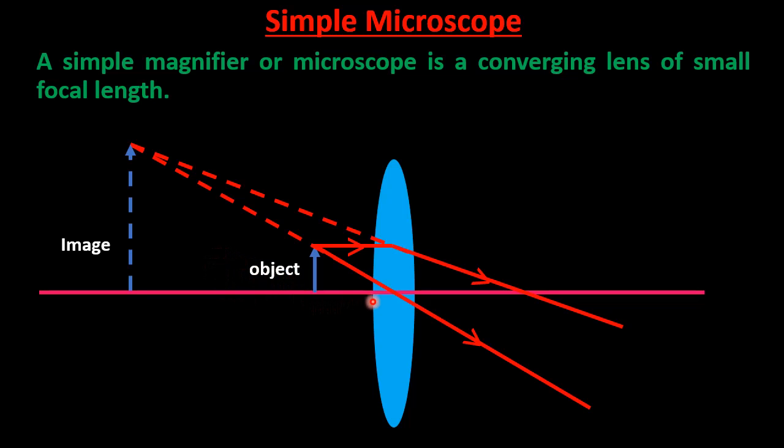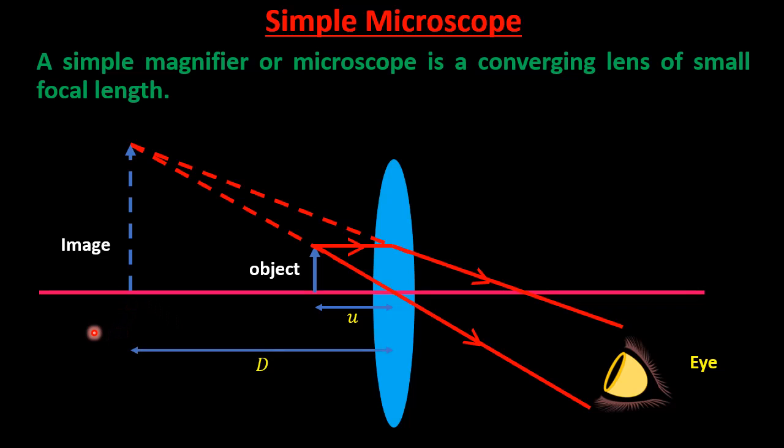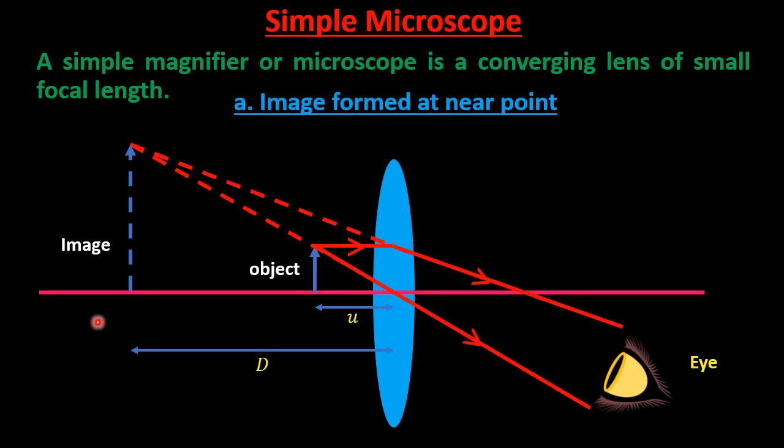The distance between the optical center and the object, we call it object distance, which is denoted by U, and the distance between the optical center and the image, we call it image distance. In class 10 you have denoted the image distance by V, but here we denote the image distance by capital D. In this case, the object is placed between focus and the optical center.